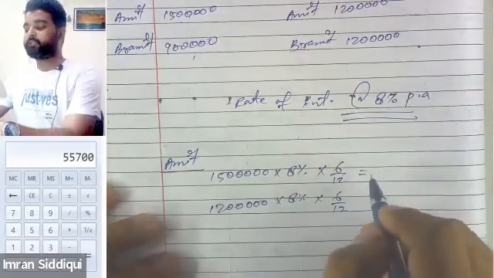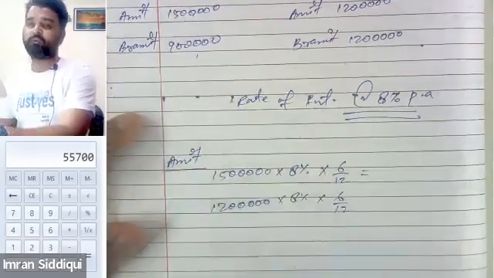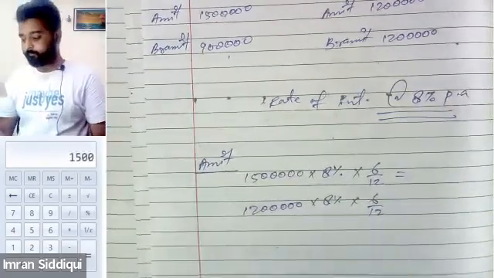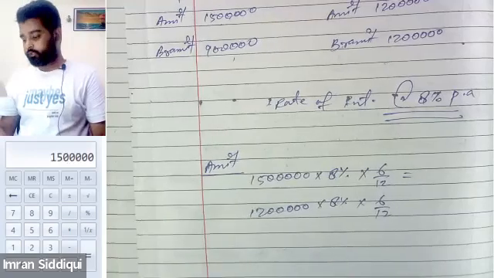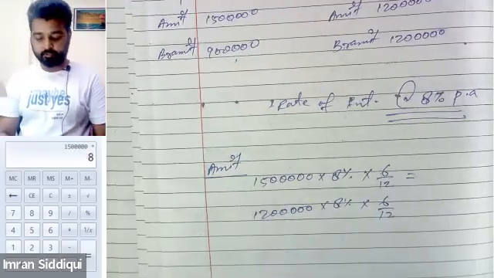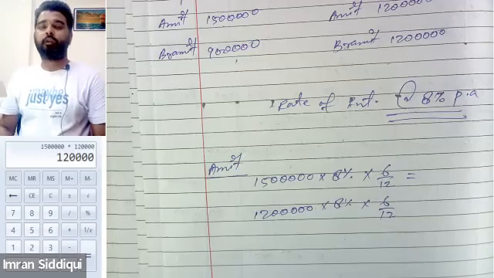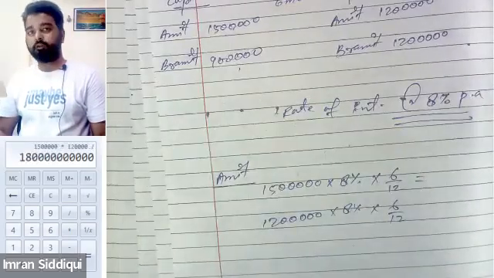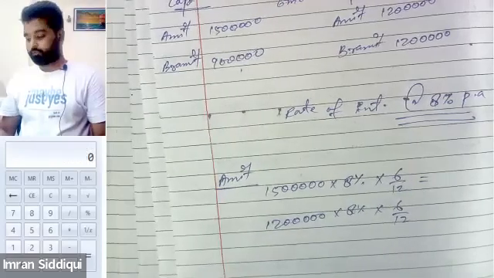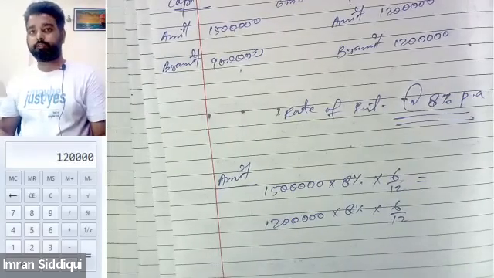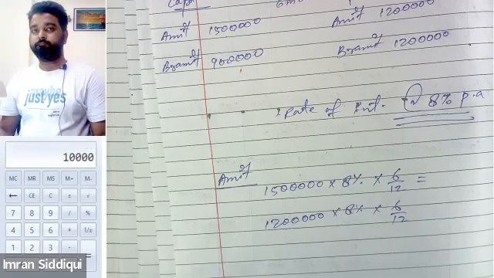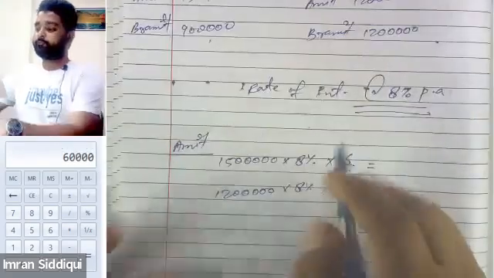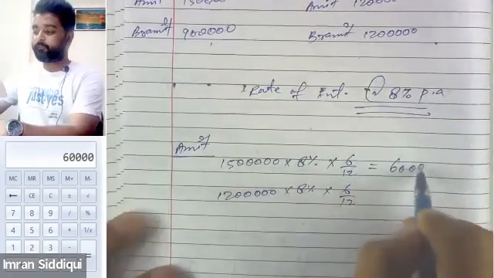So when you calculate 8% on this amount, let me show you: 15 lakh into 8% will be 1,20,000, right? And then we divide it by 12 and multiply with 6. 1,20,000 divided by 12, multiplied by 6, is 60,000 for the first 6-month period.